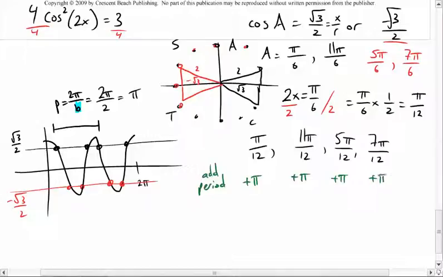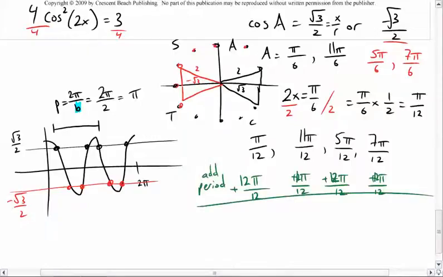which doesn't work very well because I've got a denominator of 12. So I'm going to have to make a common denominator. 1 pi is the same as 12 over 12 pi. I'm going to add 12 over 12 to each of the answers. And that'll give me my next set. So pi over 12 plus 12 over 12 is 13 pi over 12. That's this one right here. Just pi away from the first answer.